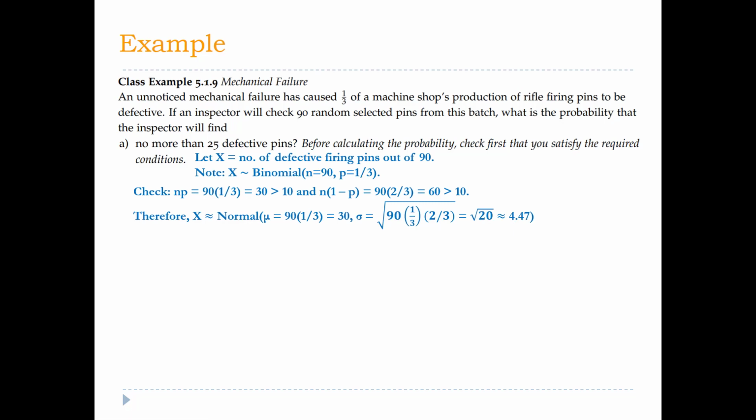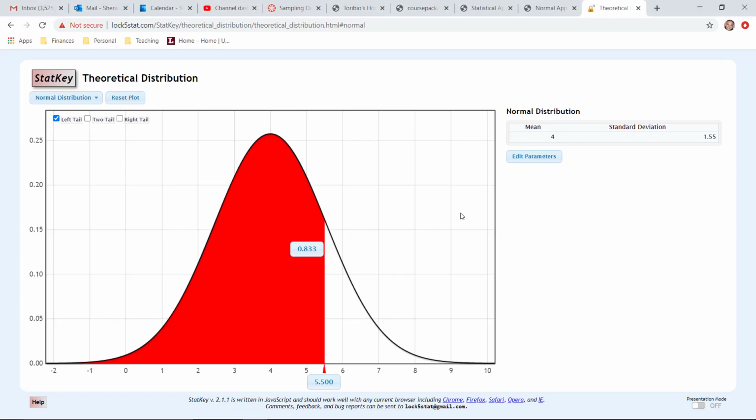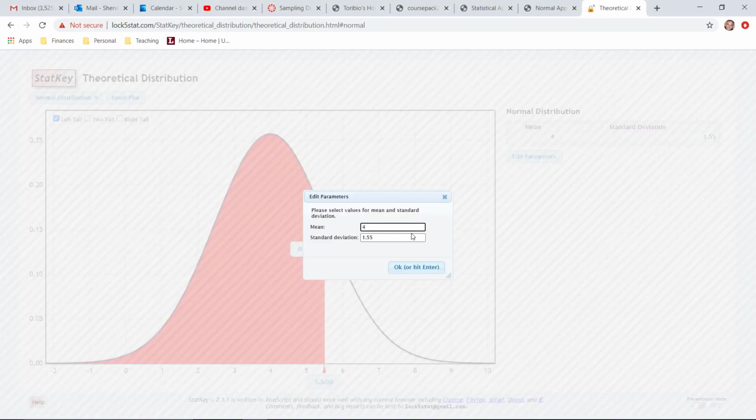So if we want to get the probability that the inspector will find no more than 25 defective pins, we could use StatKey. In this case, I want to find the probability that x is less than or equal to 25. And then I'm going to approximate it by treating x as if it's normal, but then I have to adjust the value of x by adding 0.5. So using StatKey, you can edit the parameters.